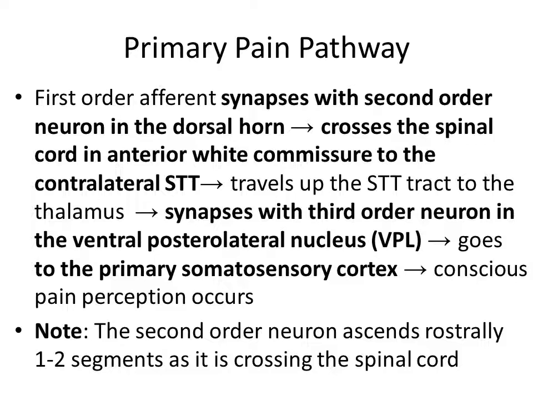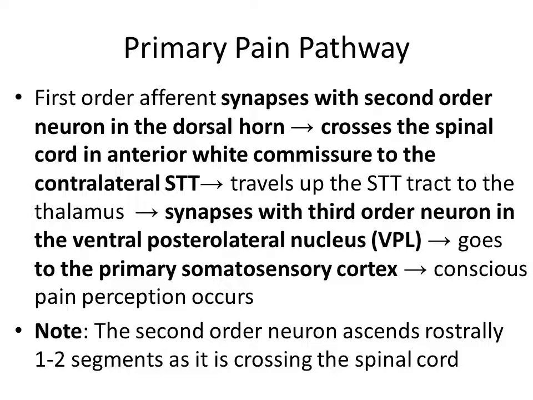When it gets to the thalamus, it's going to synapse with a third order neuron in a particular part of the thalamus known as the ventral posterolateral nucleus. This is abbreviated as VPL. So the thalamus is really a concentrated collection of different nuclei, and you will need to know several of these particular nuclei that make up the thalamus.